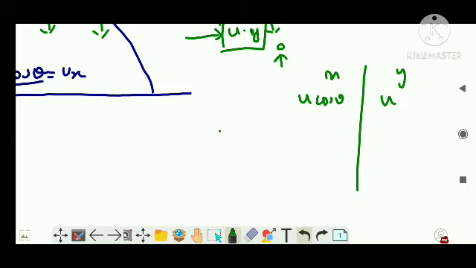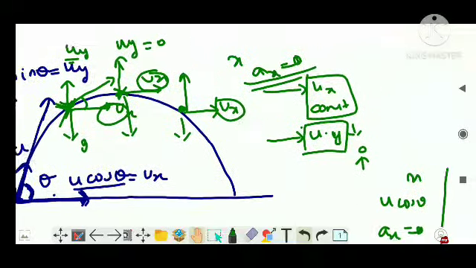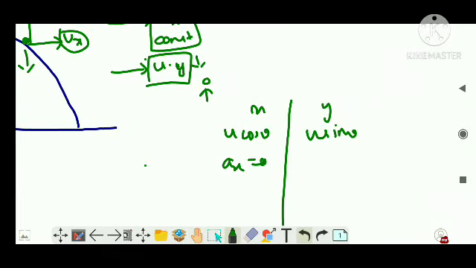Here initial velocity is u sin theta. Here acceleration ax is 0 because there is no change in velocity. Whereas what would be the acceleration in y direction? That is g, right? So in y direction there is an acceleration, and that is minus g, because of course it is in downward direction.